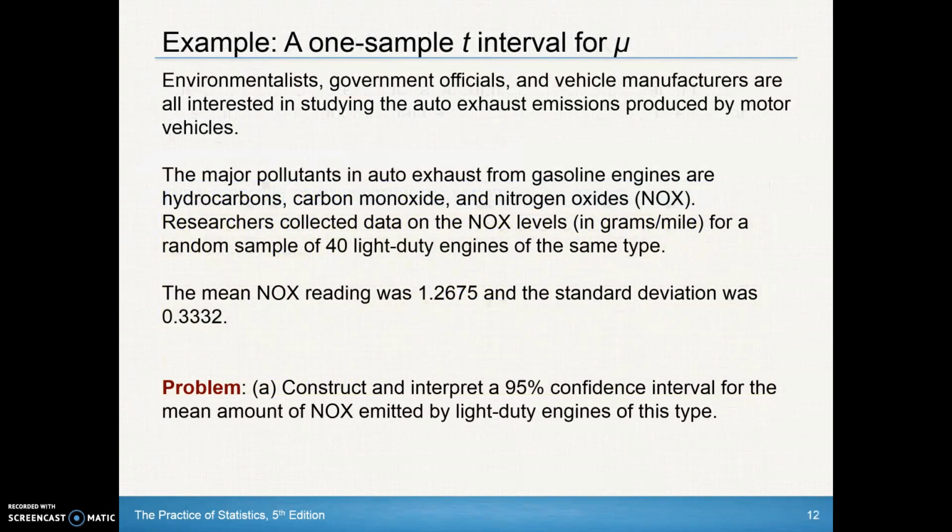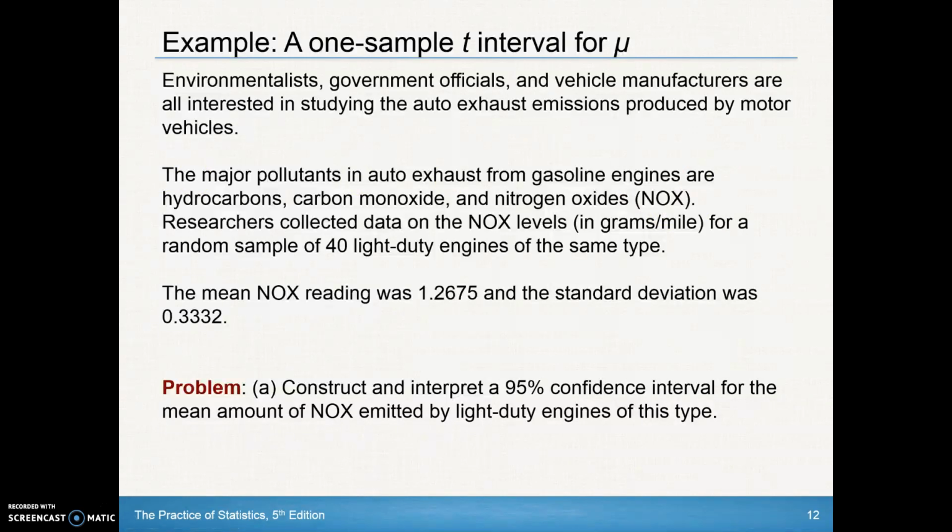Well, let's look at how we can put this into practice with an example here. Environmentalists, government officials, and vehicle manufacturers are all interested in studying the auto exhaust emissions produced by motor vehicles. The major pollutants in auto exhaust from gasoline engines are hydrocarbons, carbon monoxide, and nitrogen oxides, otherwise known as NOx.